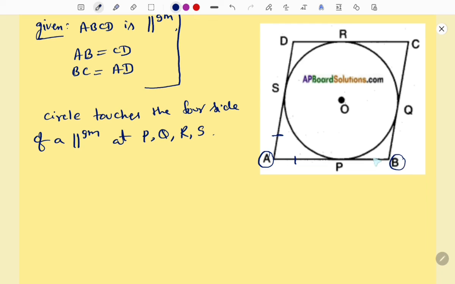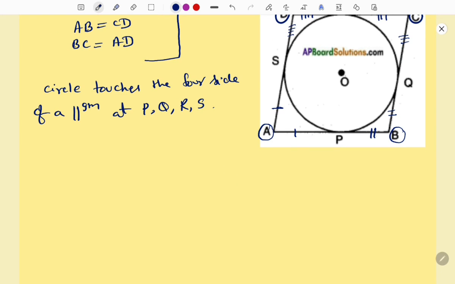B is an external point, BP is equal to BQ. C is an external point, CQ is equal to CR. D is an external point, DR is equal to DS.